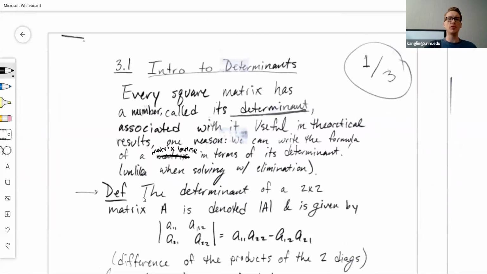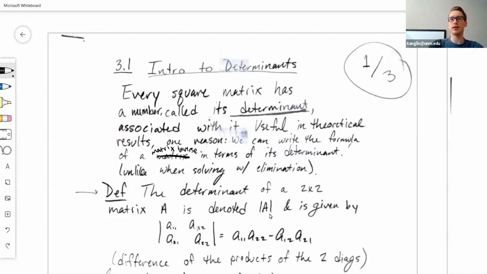So let's start out with a simple definition of the determinant of a 2x2 matrix A. We are going to start with just these 2x2 cases, and we will then extend this to handle larger square matrices. The determinant of a 2x2 matrix A, we denote with what look like absolute value bars around the matrix.